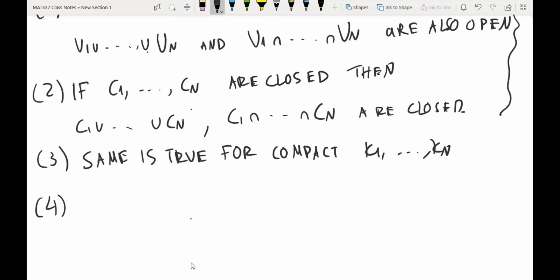Okay, and finally, the Cantor intersection theorem. So let's prove this carefully.